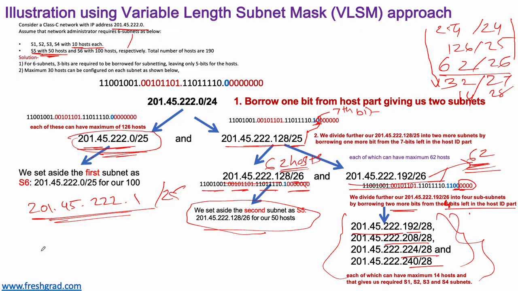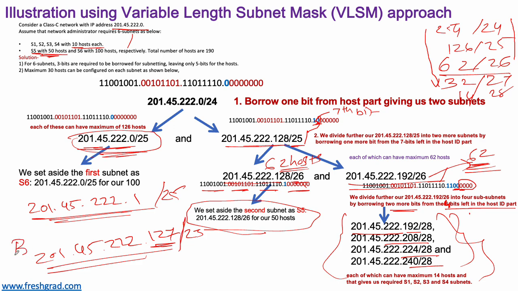And what is the broadcast here? 201.45.222.127. This is our broadcast IP. Why? Because 128 starts in another subnet, right? So 127 is our last IP. So this last IP is always reserved for broadcast, and the first IP we always use for the gateway.